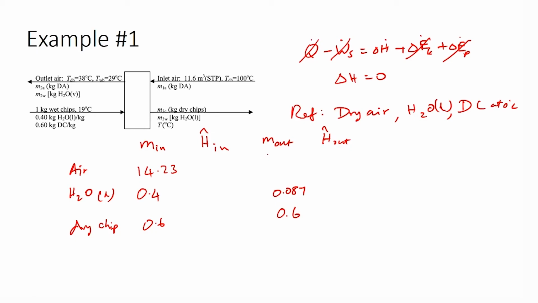This value would again have to be written in terms of mass of dry air, because the enthalpy value we get from the psychrometric chart is given as kilojoules per kilogram of dry air, not per kilogram of humid air. So, we will write the mass of dry air here also, which means this would also be 14.23, and let us identify which enthalpies have to be calculated.